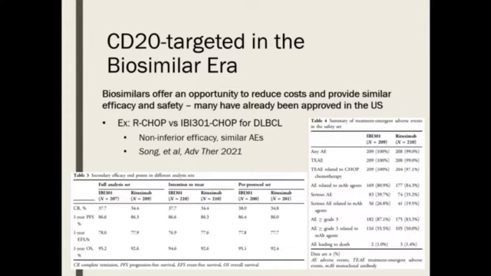This is a really nice example of R-CHOP, or standard Rituxan, versus a biosimilar product of Rituxan called IBI 301. So this is R-CHOP versus IBI 301 CHOP for a diffuse large B-cell population. These products are designed to reduce cost and provide similar efficacy and safety. And of course, many have been proven in the United States, and we are using them here at UW Health.